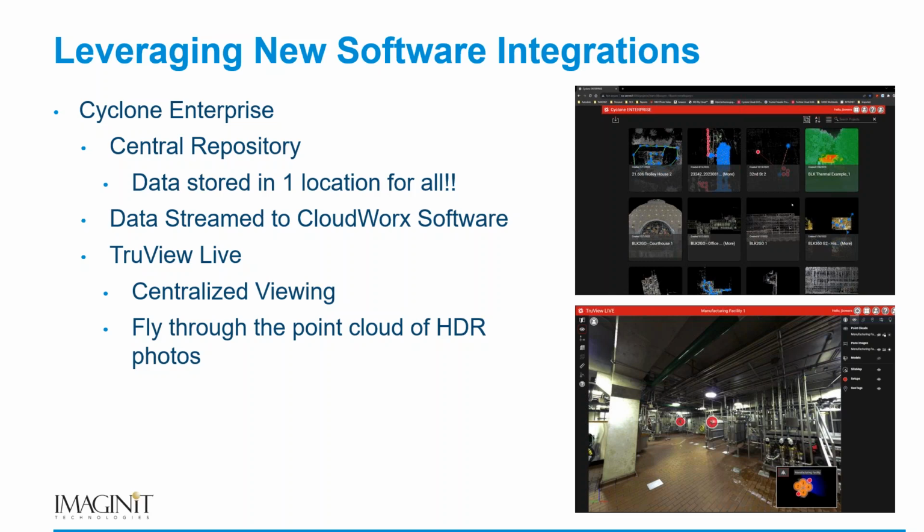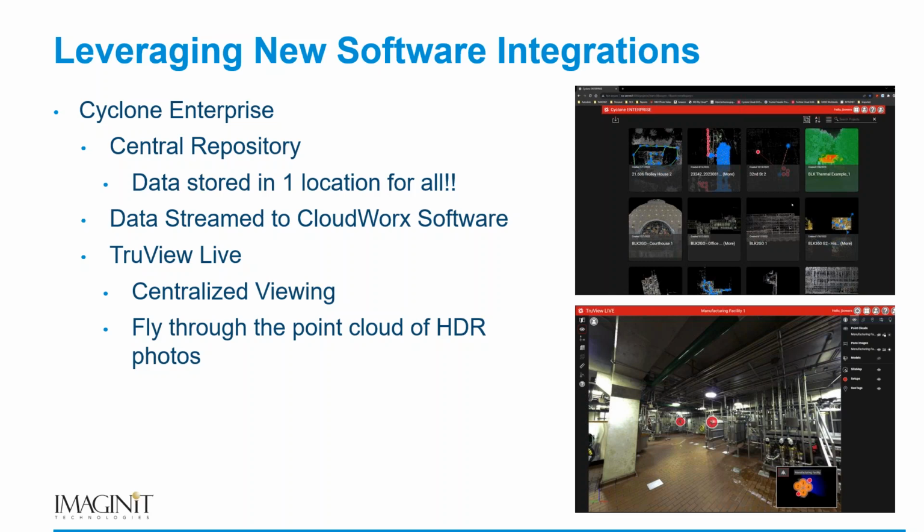All my point cloud data is kept in that one location. All of my point cloud data is streamed from that one location. All of my point cloud data is going to remain on that one server and not scattered all over various computers.